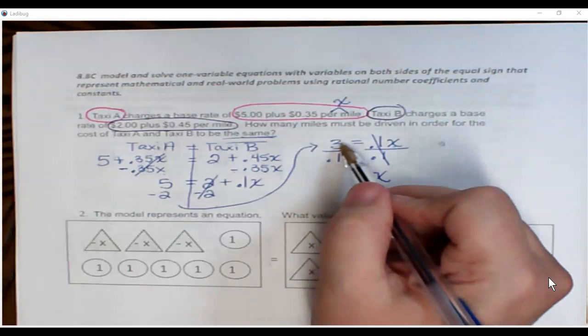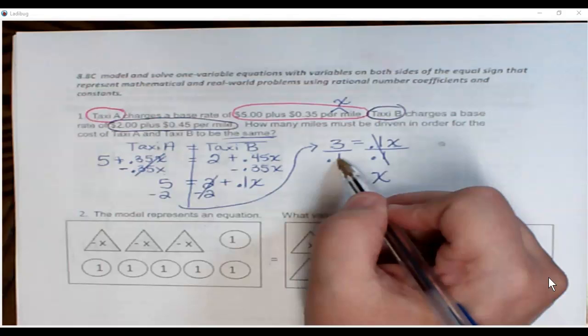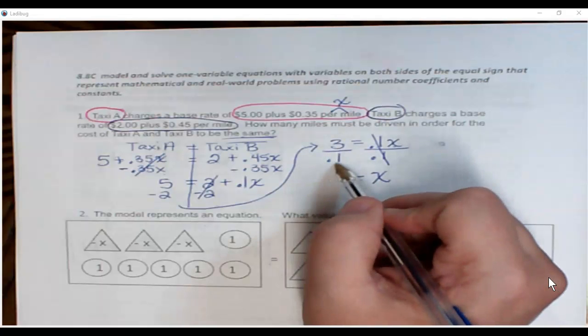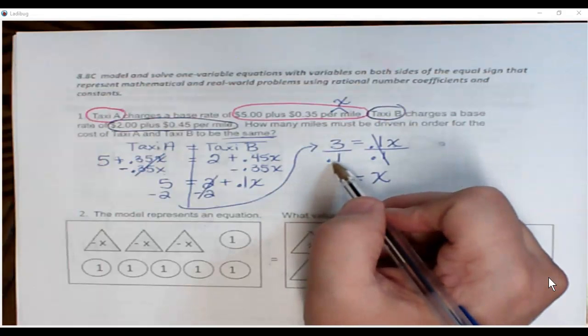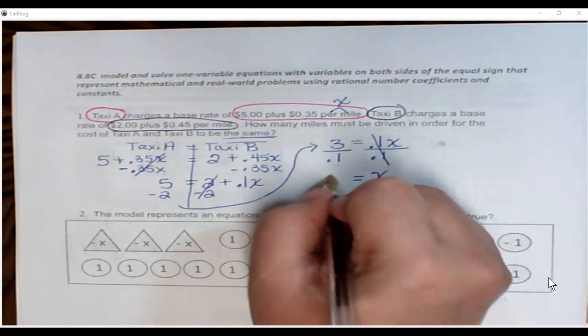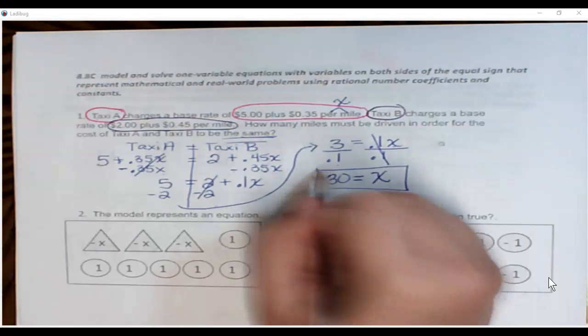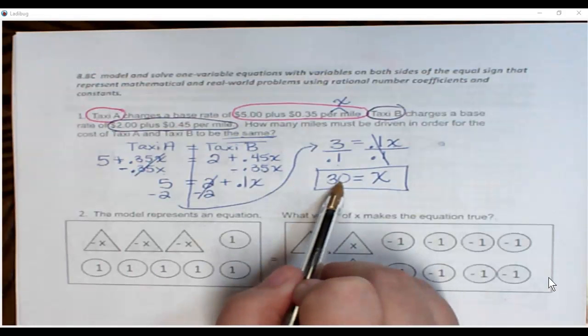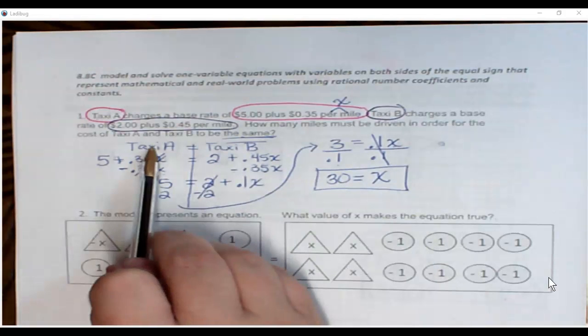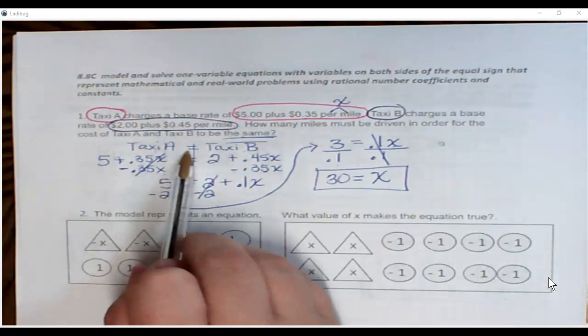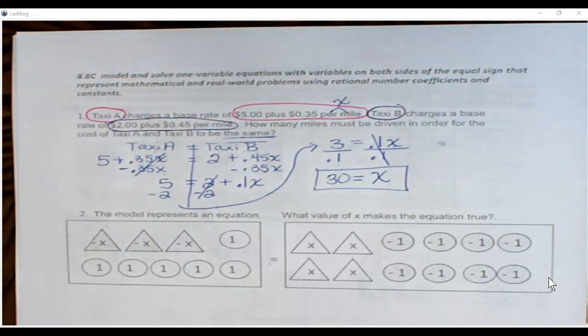Because we're not taking 3 divided by 1. It's not 3. I'm taking 3 divided by 1/10. So a little tiny piece of 1. So my answer is 30. So that means it will take 30 miles before the price of taxi A and taxi B are the same amount.